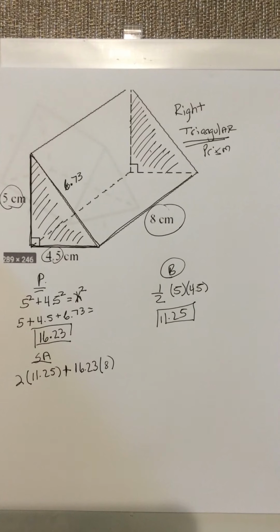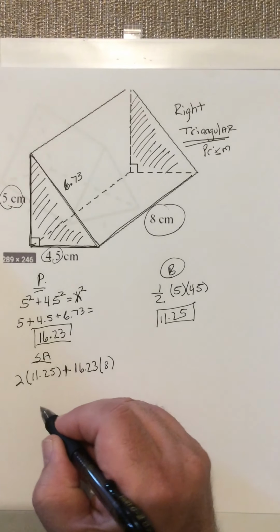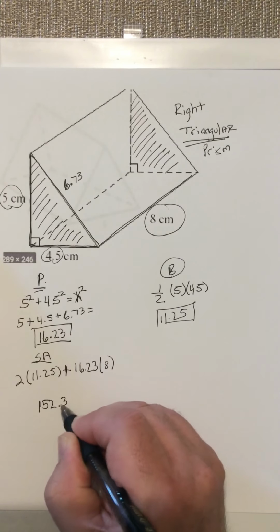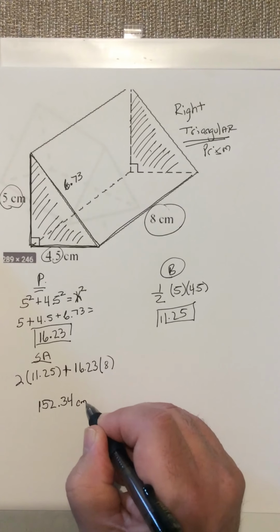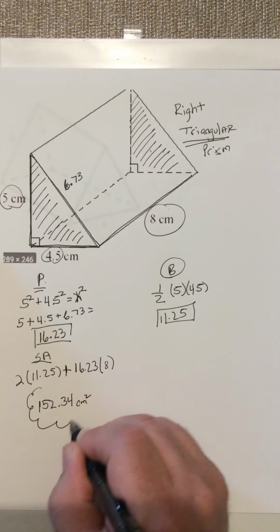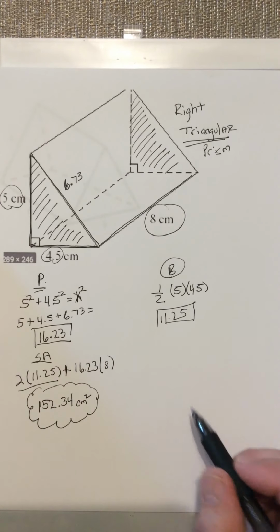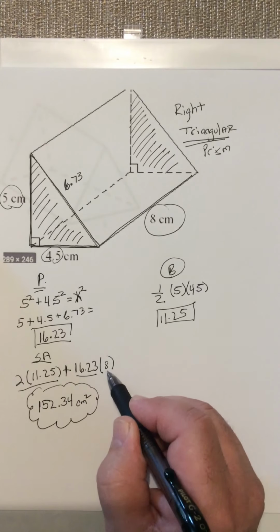So if we multiply all that together, 2 times 11.25 plus 16.23 times 8, we have 152.34. It's in centimeters, so centimeters squared. All right, 2 areas of the base, plus perimeter of the base times the height.